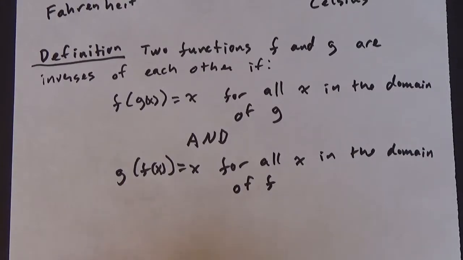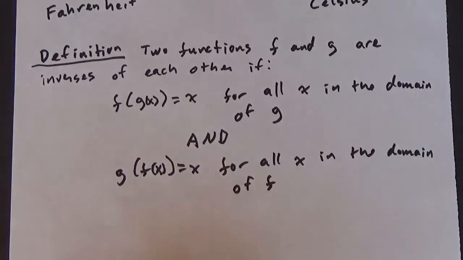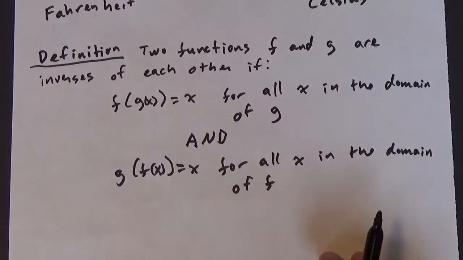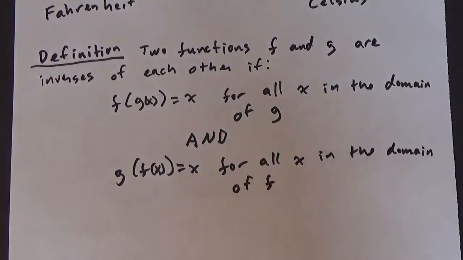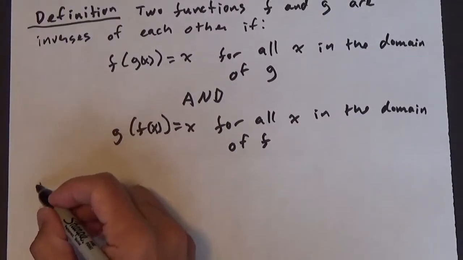Now once we have this, if we do have f and g and they are inverses of each other, then we can use a new notation to help us indicate that we have an inverse. So let's write this down.